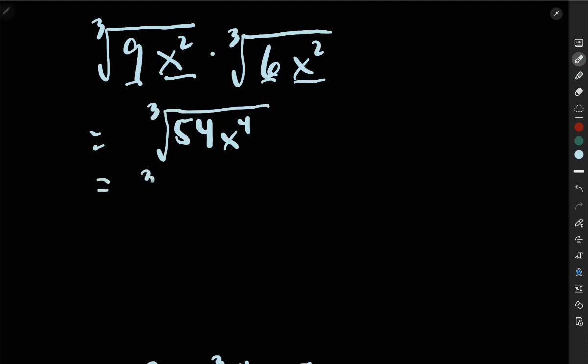So for the 54, we cannot identify directly the value, so we will just separate it first into 9 times 6. For the x to the 4th power, we can write it as x cubed times x.